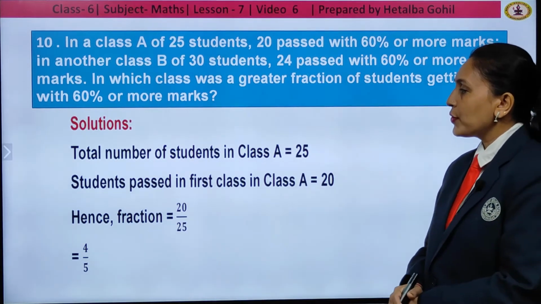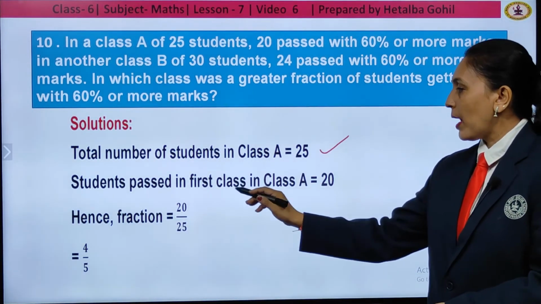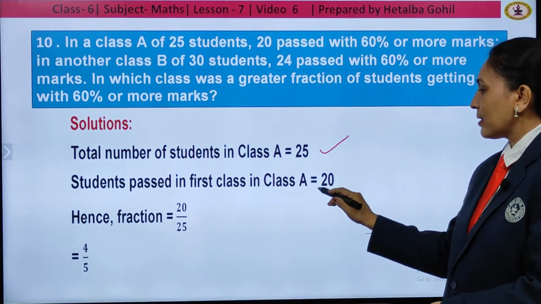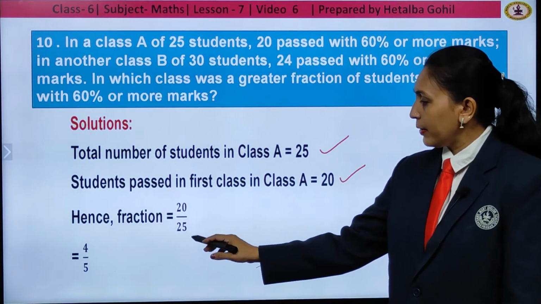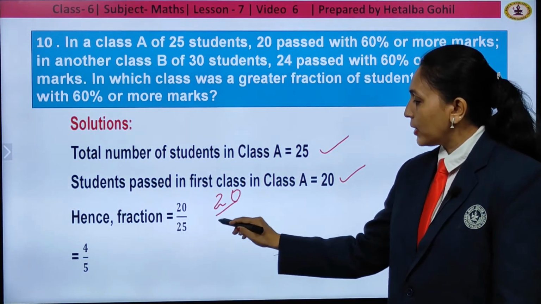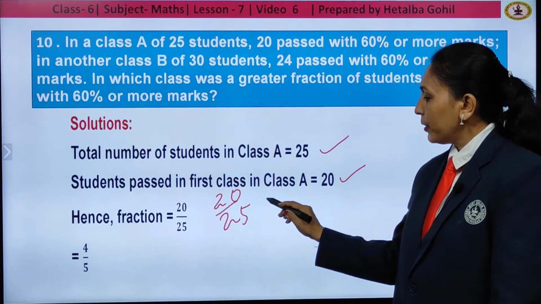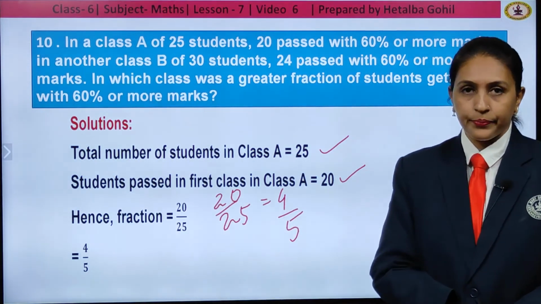The total number of students in class A is 25 and students passed in first class in class A is 20. So we will get the fraction here, the total 25 in the denominator, and so we get here 20 by 25. If I put this in the simplest form, children, I will get 4 by 5.